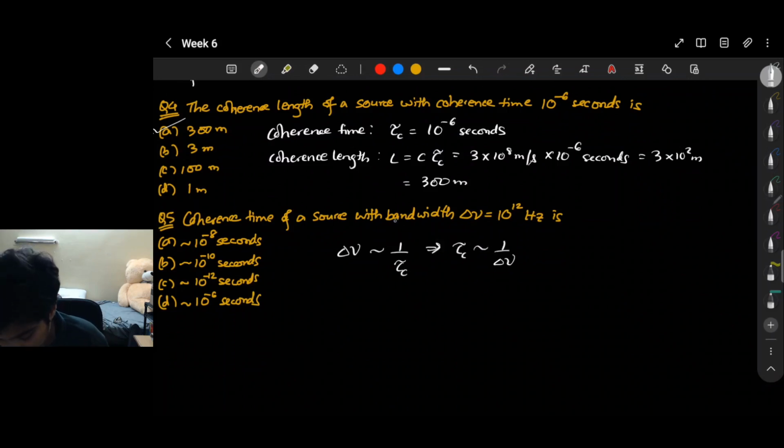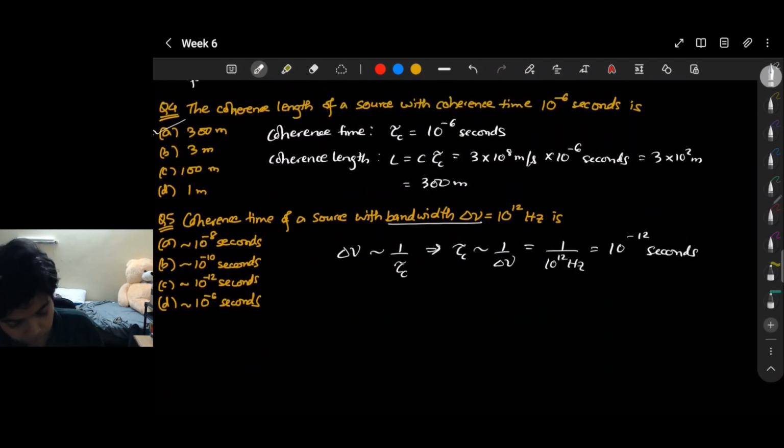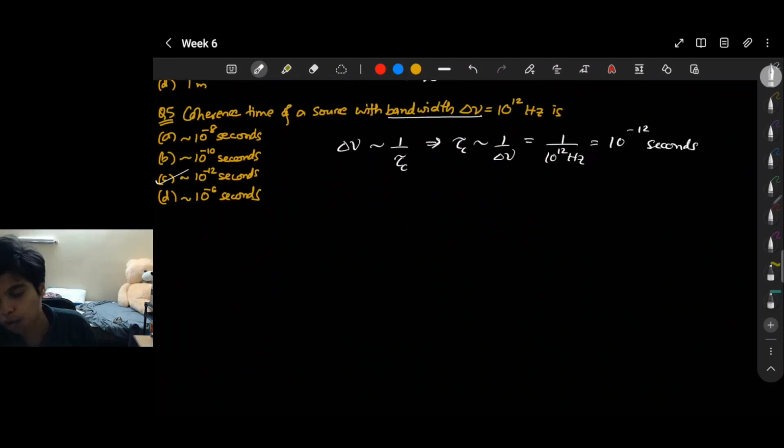Delta nu is this bandwidth. So this is 1 over 10 to the power 12 hertz, which is 10 to the power minus 12 seconds. Hertz is 1 over seconds. Pretty simple and straightforward question.